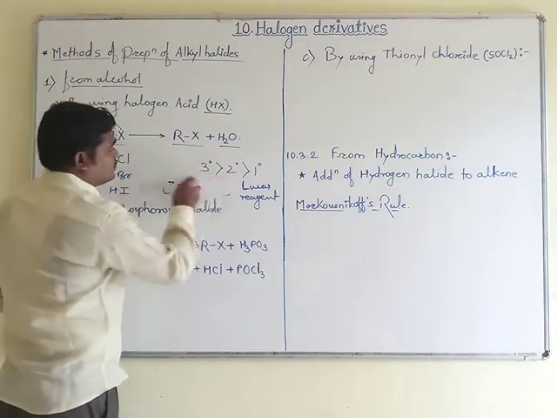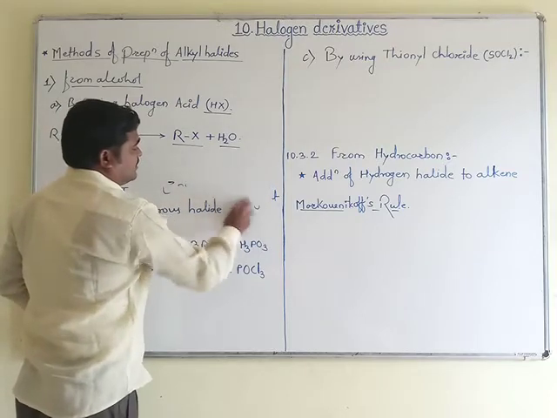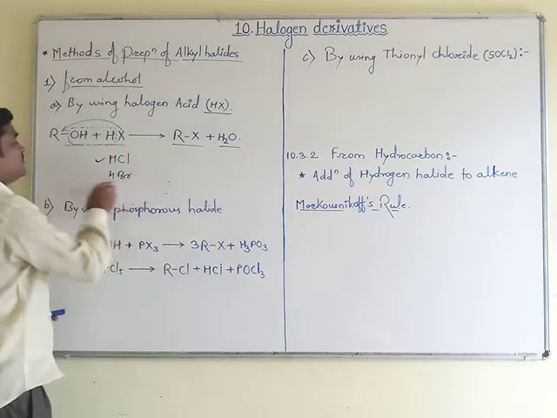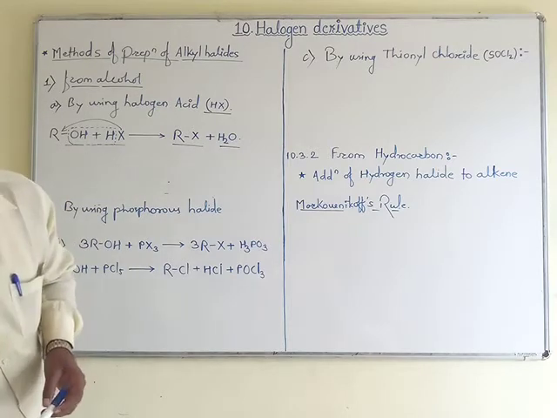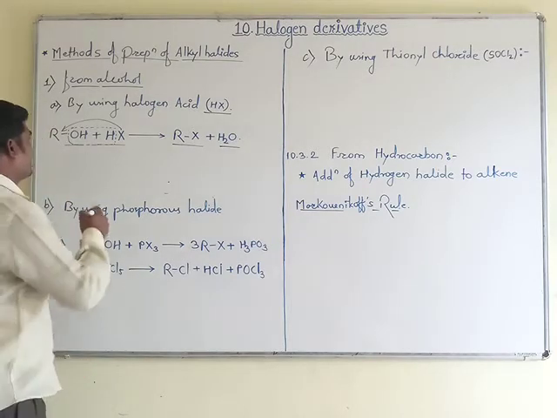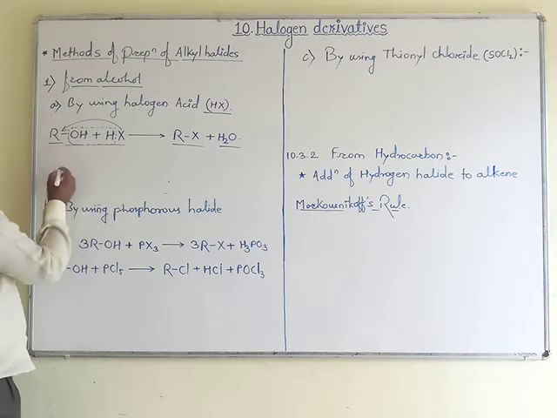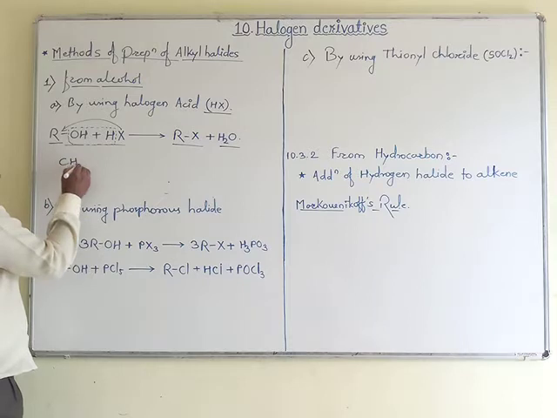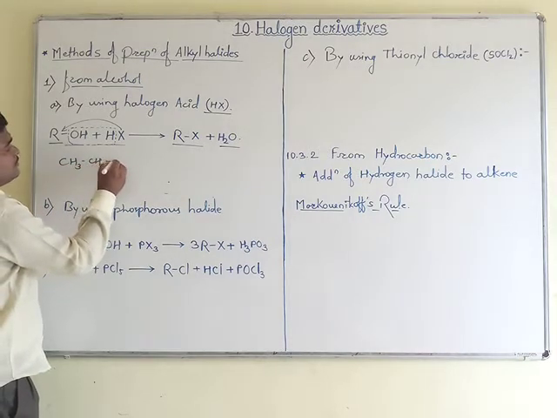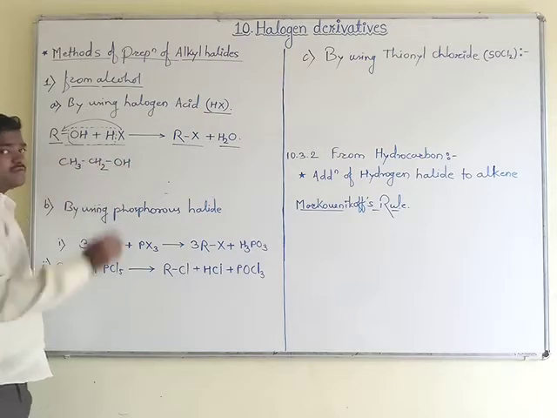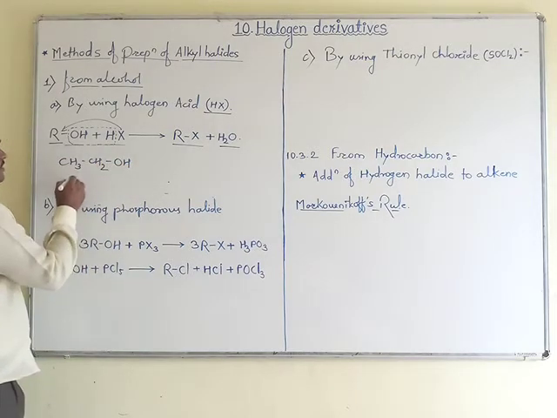So we can take one example of it, where the reagent which we are using is nothing but HCl. Suppose at the place of R, if I am using CH3CH2, that is the ethyl group, the name of this compound is ethanol, or we can also say ethyl alcohol.